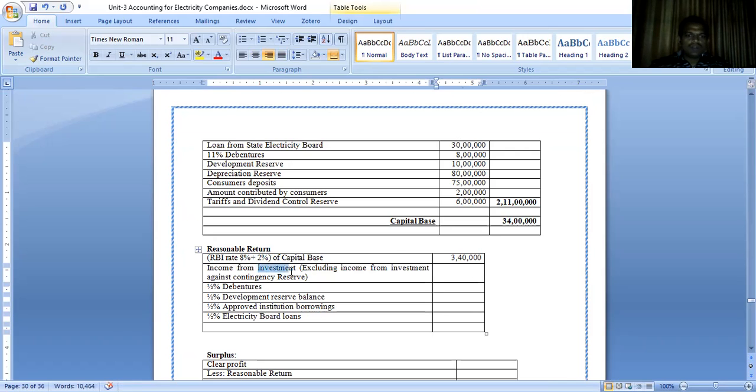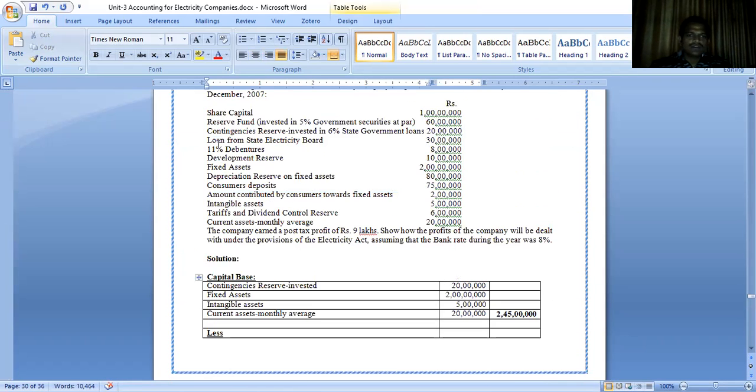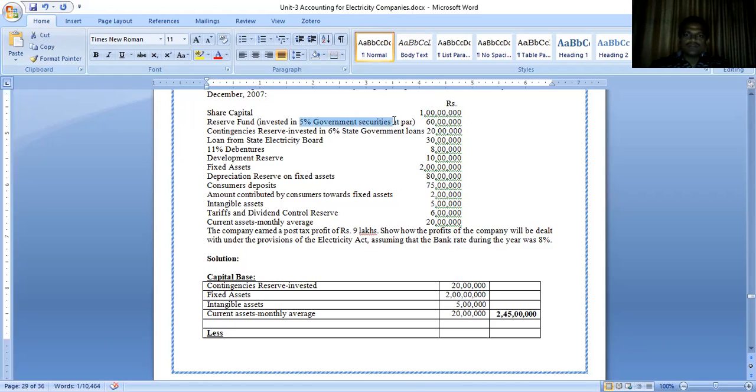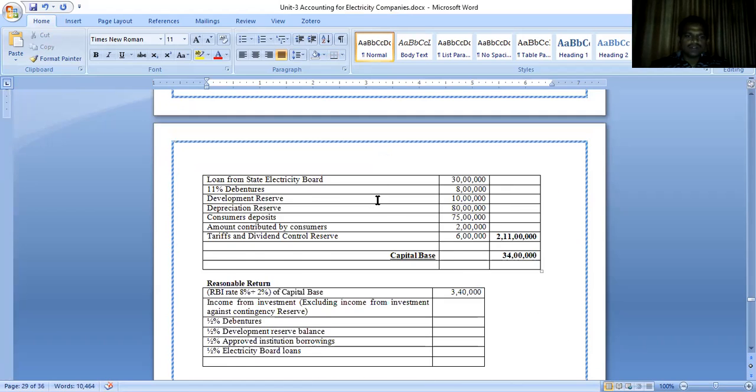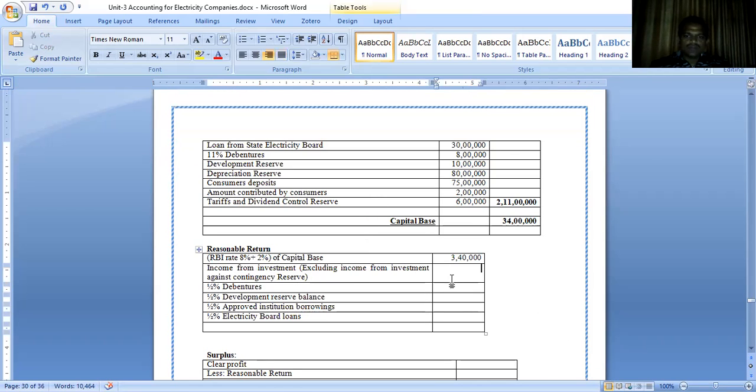So income from investments, excluding contingency reserves investments. So in the sense, general reserve investments. It is invested in 5% government securities. So 60 lakhs into 5 percentage, it comes around 3 lakhs.